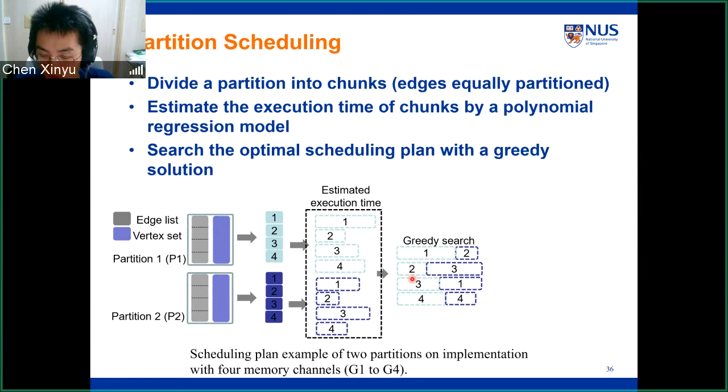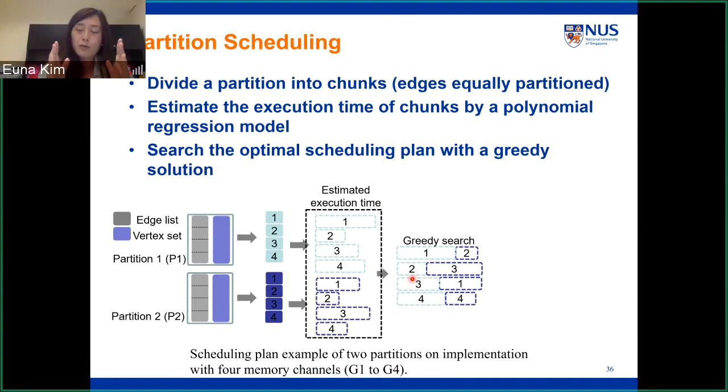So initially, when you divide the graph, you base it on the same number of vertices in one partition, not considering differences in the number of edges. So this expected execution time is probably based on the number of edges, right? Yeah, number of edges.